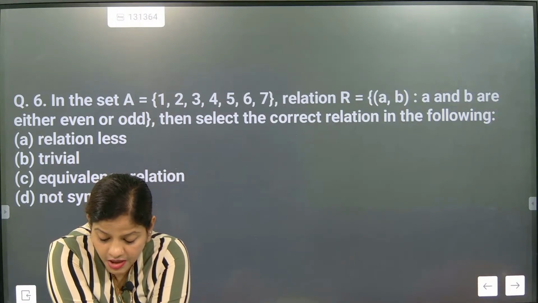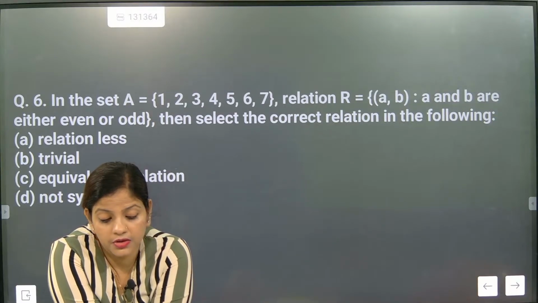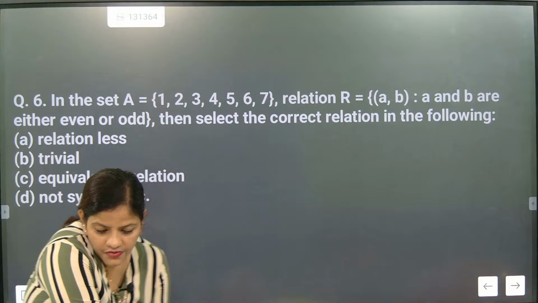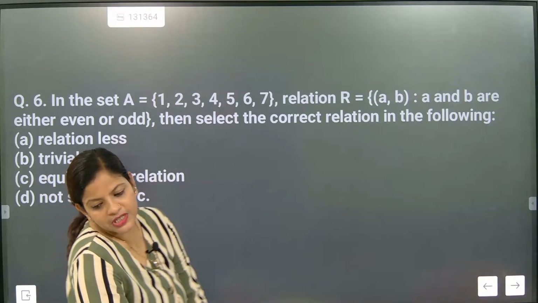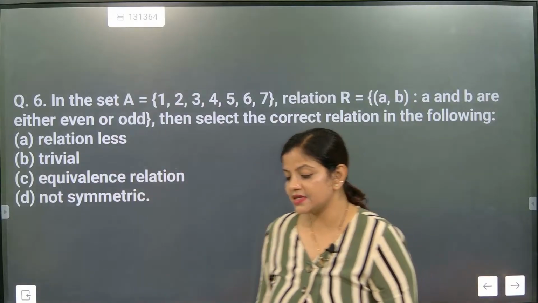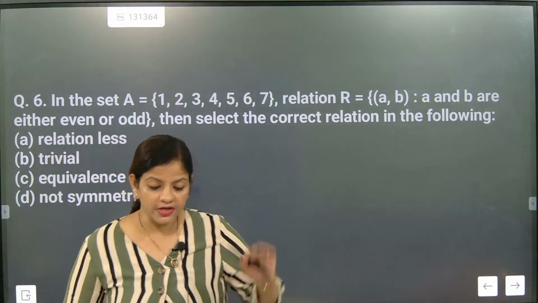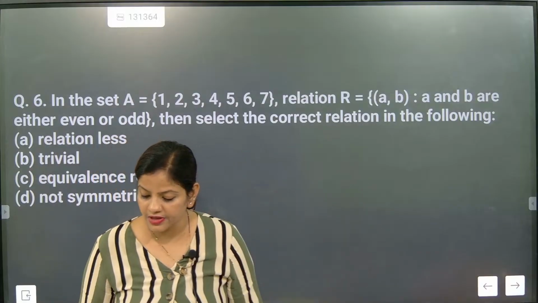Trivial, either empty or universal. Both possible. The answer is C. Absolutely correct, Pushpika. That's the hit. Now please pay attention, children. You need to understand that trivial is, don't waste your time on that.